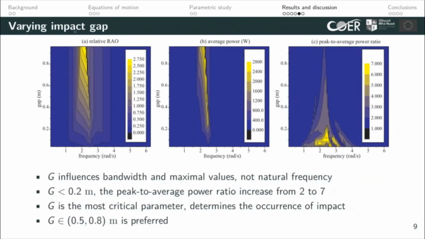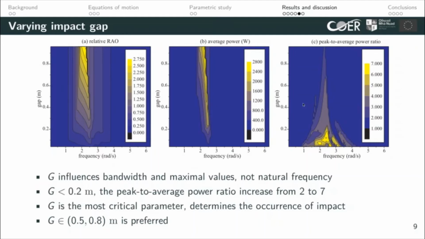By varying the gap, we can see that the system still works like a bandpass filter, and the bandwidth increases as the gap increases, and of course the maximum values increase as the gap increases, but it never affects the natural frequency. The very interesting thing happens here.